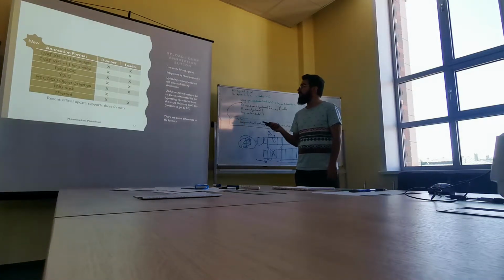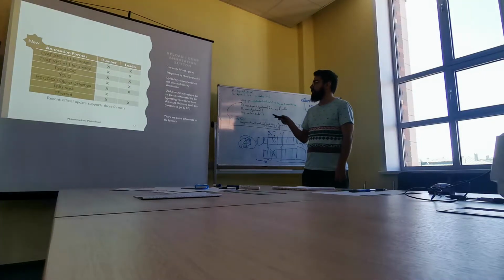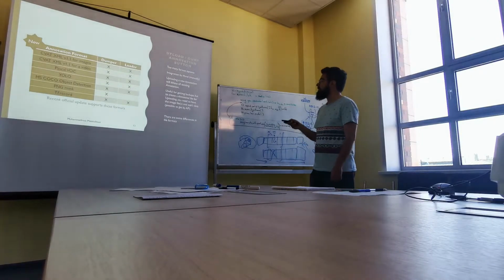The first one is dumping and importing from CVAT with files actually. They give us these new formats. We can dump to these formats, even PNG masks, and load from these file formats.